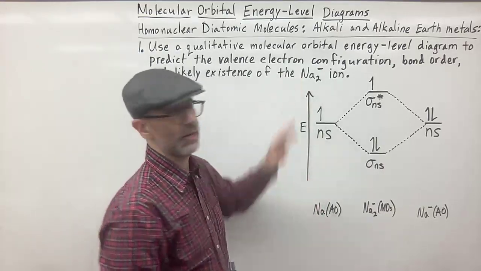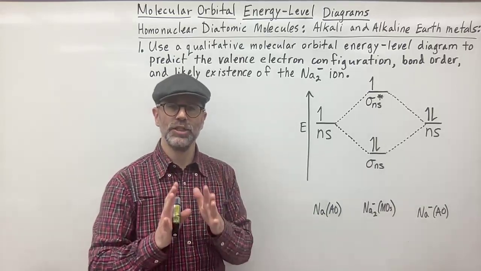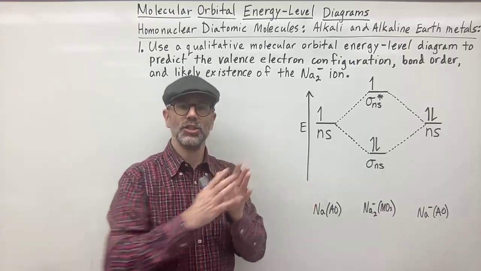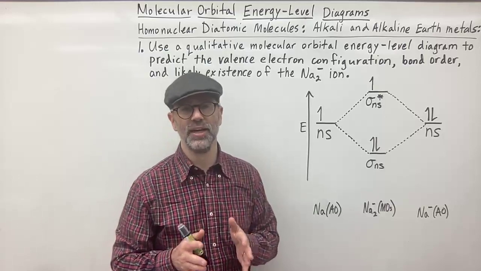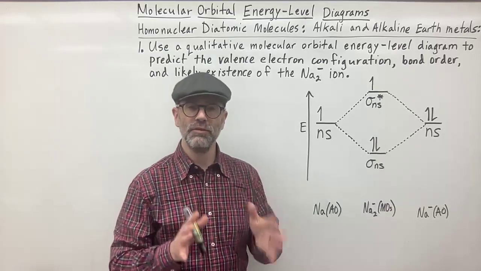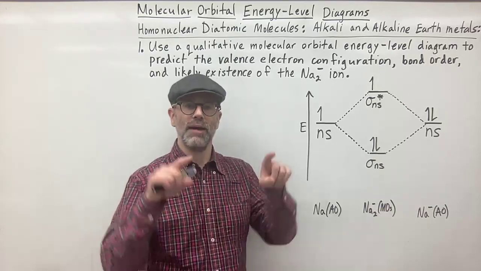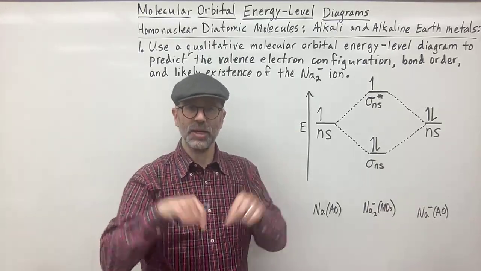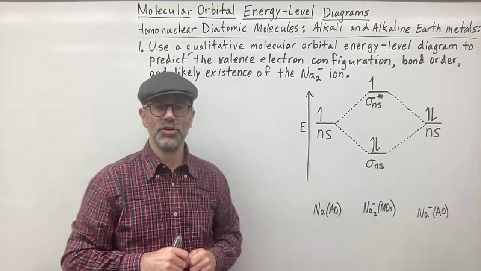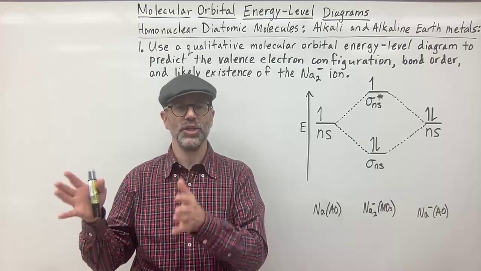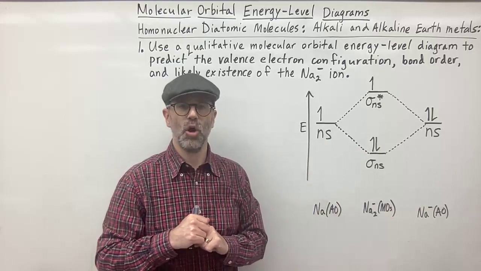Now, the valence electron configuration, as it says, is just the electron configuration for the valence electrons, excluding everything else. This is not the same thing as an abbreviated electron configuration. An abbreviated electron configuration has the noble gas in brackets followed by the valence electron configuration. The valence electron configuration is everything minus the noble gas.